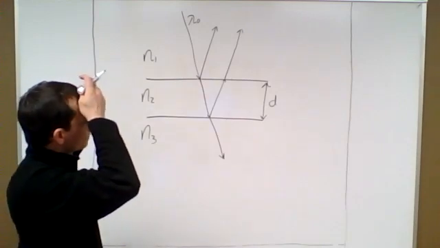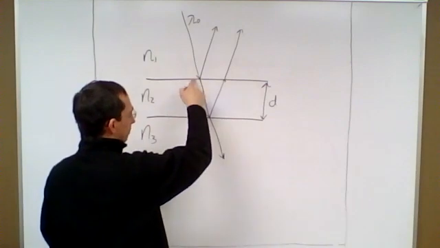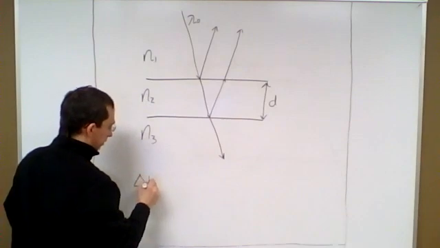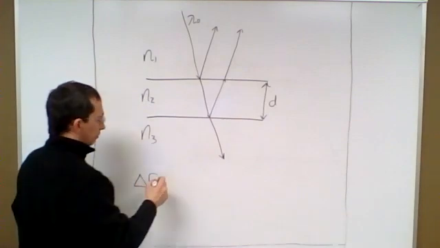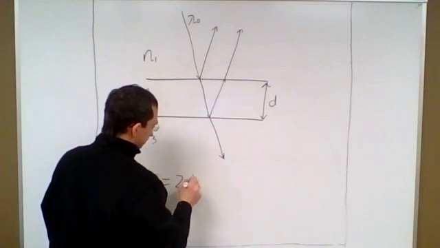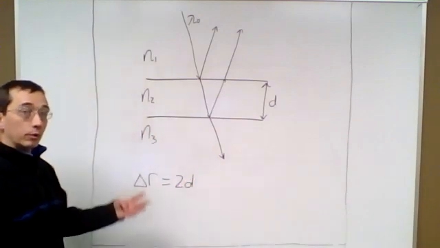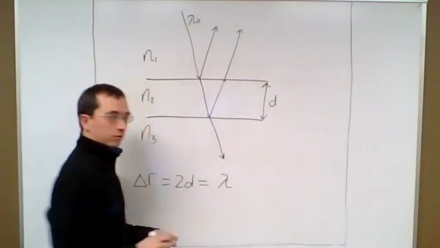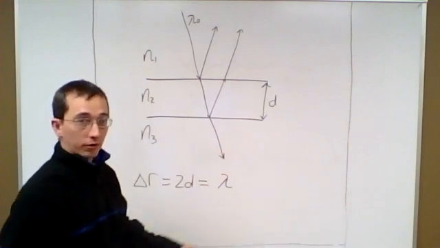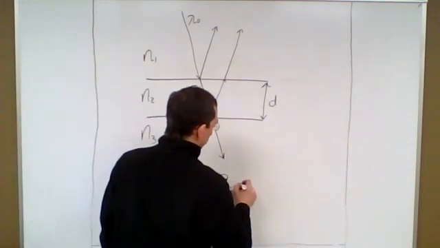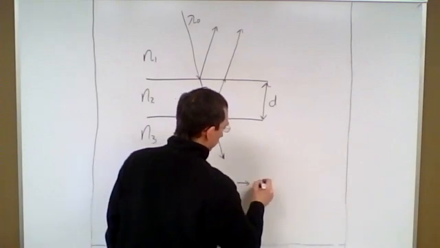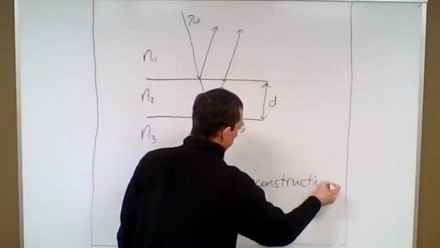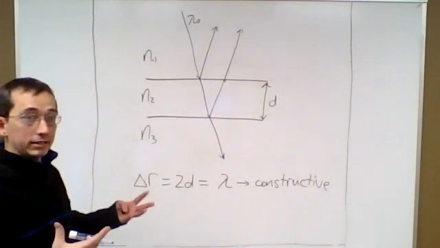Okay, so how are we going to do this? The goal is that the path goes down and back up. So the path difference, which we'll call delta R, is going to be 2D. And we want that to be equal to either a wavelength, or 2 wavelengths, or 3 wavelengths, or 4 wavelengths, if we want constructive, if we want them to add together to be bright.